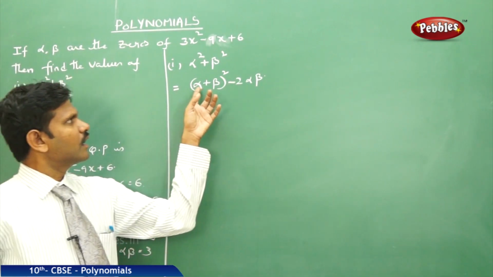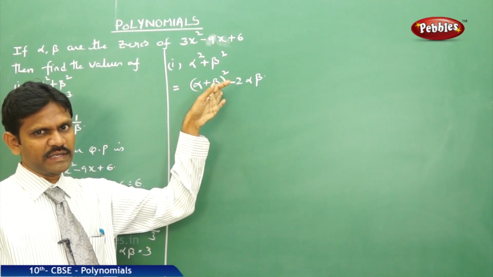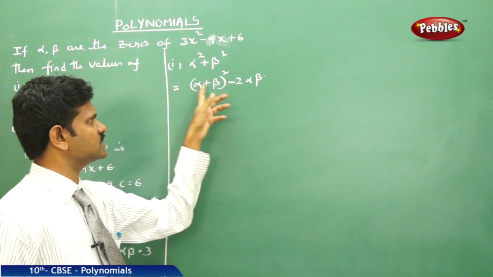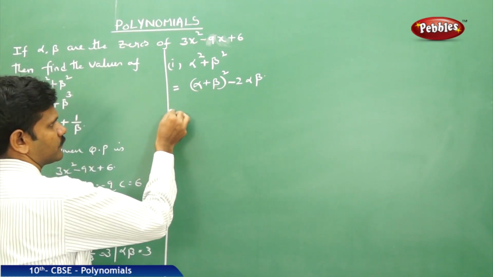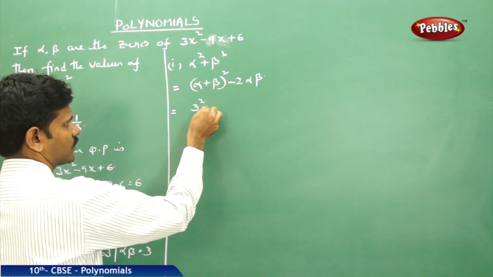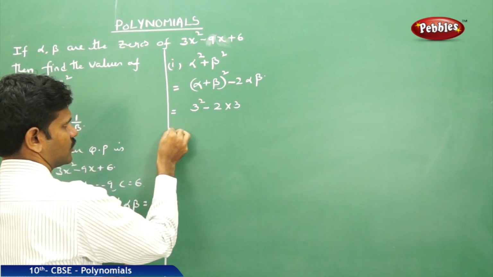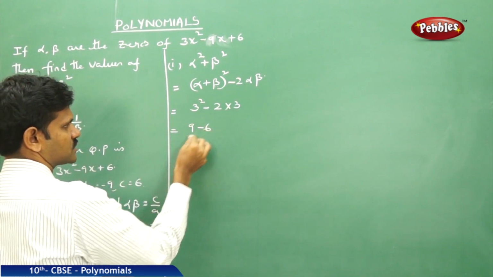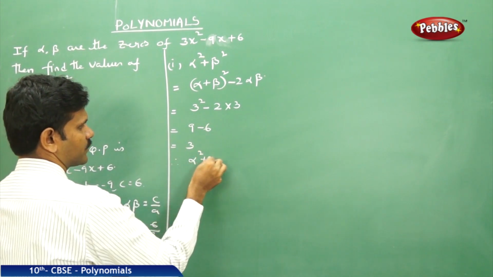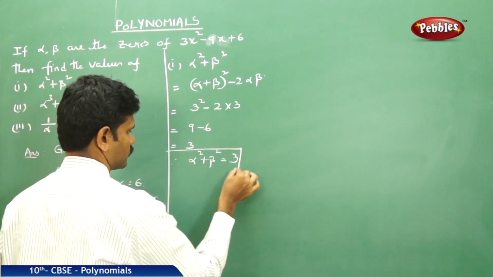That is, alpha square plus beta square plus 2 alpha beta minus 2 alpha beta; plus 2 alpha beta minus 2 alpha beta cancel, so alpha square plus beta square is left. Now alpha plus beta is 3, so 3 square minus 2 times alpha beta, that is 9 minus 6, which is equal to 3. Therefore alpha square plus beta square is equal to 3.